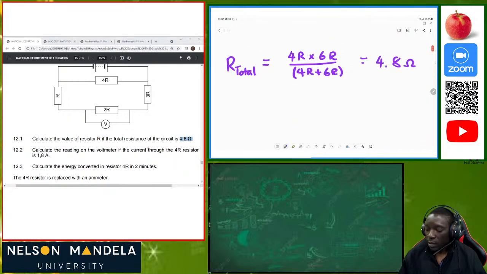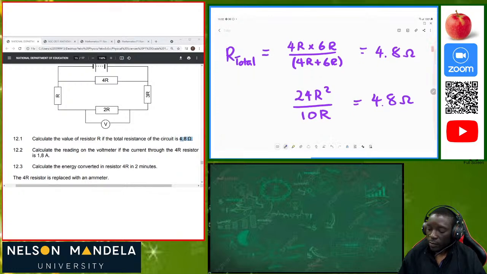is equal to 4.8 ohms. And 4R times 6R gives us 24R squared over 10R equals 4.8 ohms.